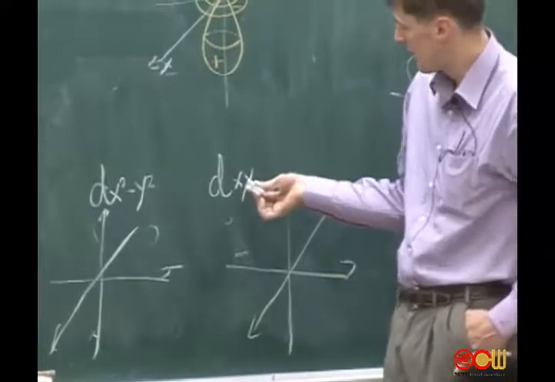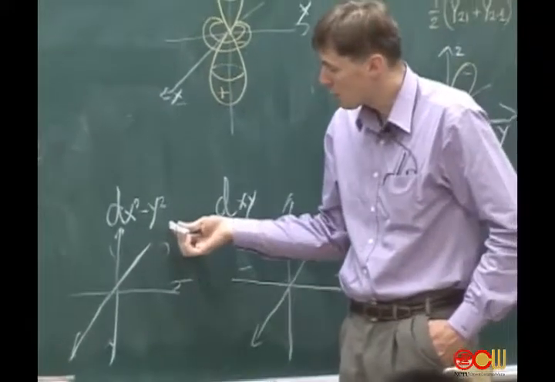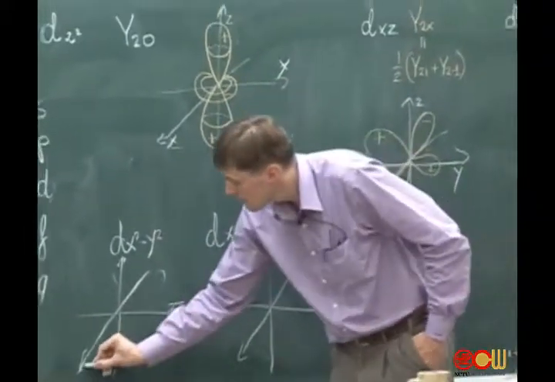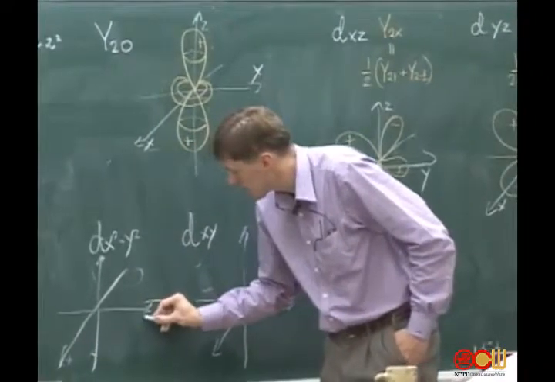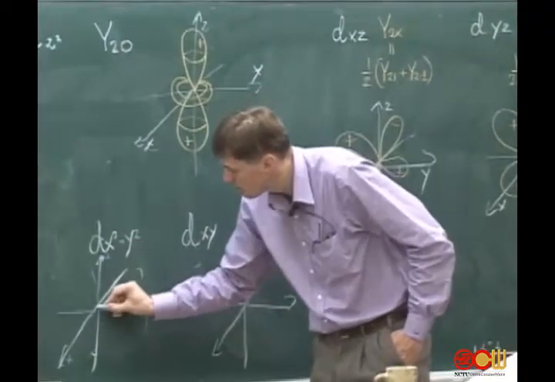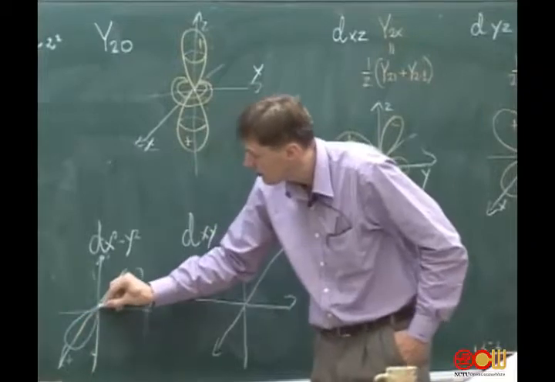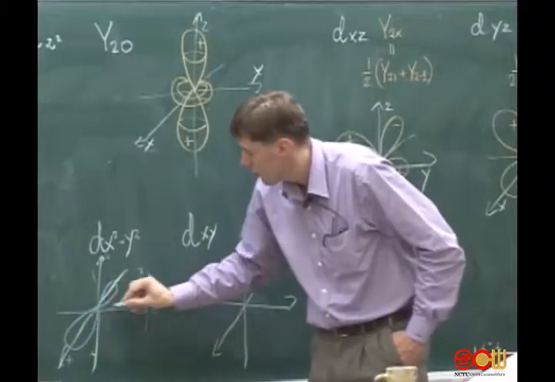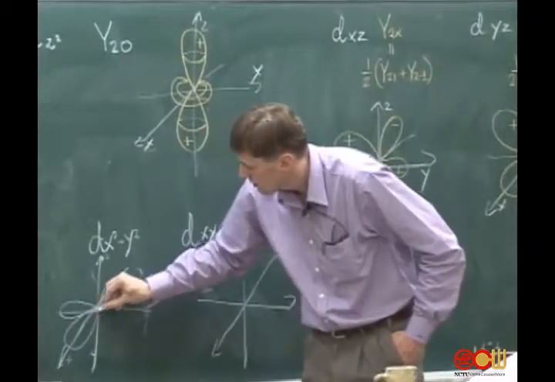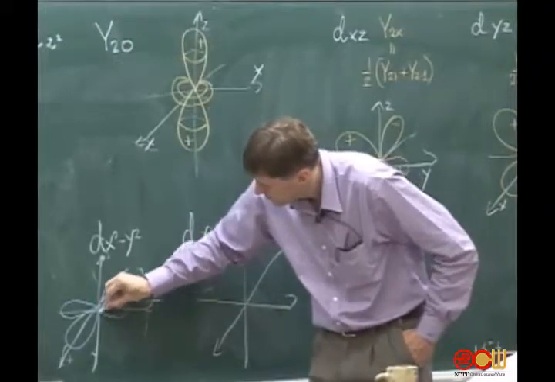So first, x square minus y square will have the poles on the x and y axis, nothing on the z, so it will look something like this. 1, 2, 3, 4.